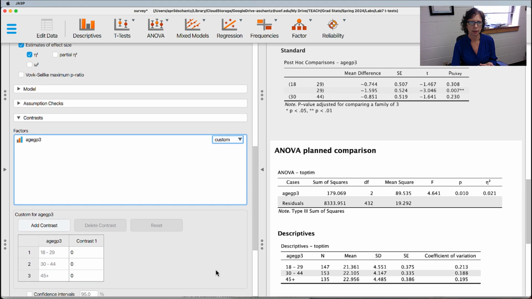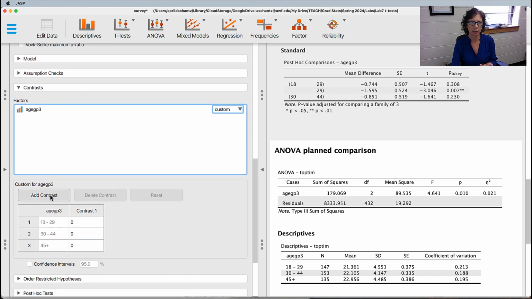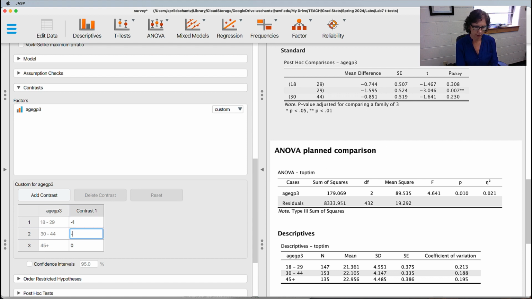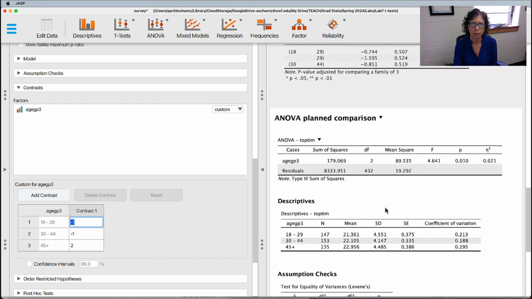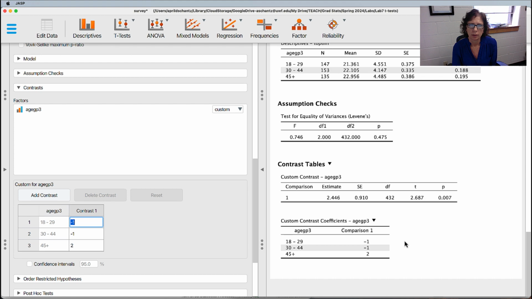And with that, we'll scroll down, add contrast of, this one's going to be -1 and -1 and 2. So now with those in there, we can see that it did put the contrasts on the way we wanted them.